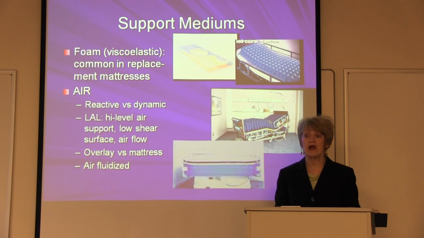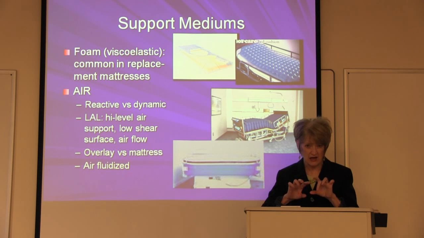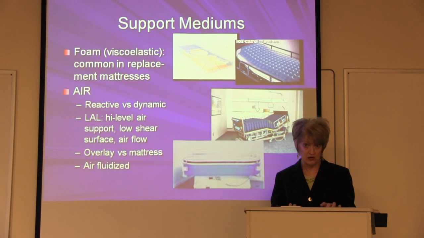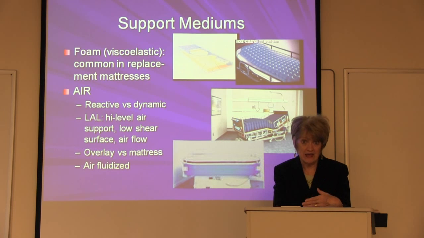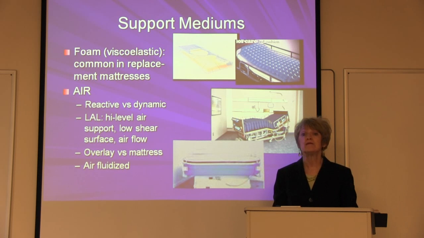You need to be aware that there's all levels of foam. There's everything from those little egg crate kind of foam overlays that give you no significant support and very ineffective pressure redistribution, to very high-level, highly therapeutic foams like your viscoelastic foams that have memory and that contour very effectively.